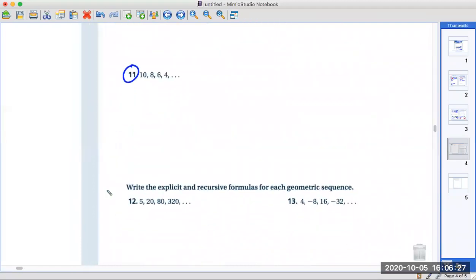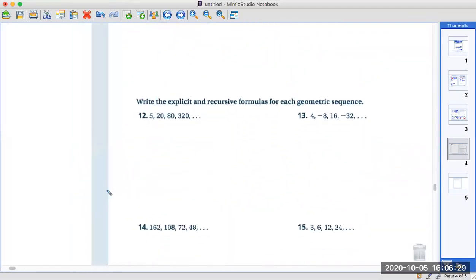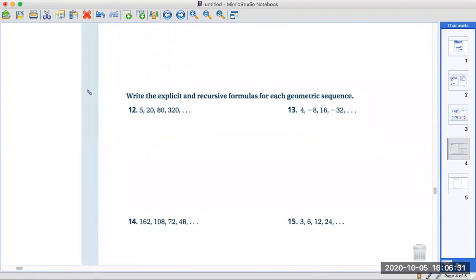Try these two. And then here we're not writing recursive, we're writing explicit. 12, 13, 14, 15. I'm going to do 13 for you because we got that positive negative. Remember, the first term is 4.